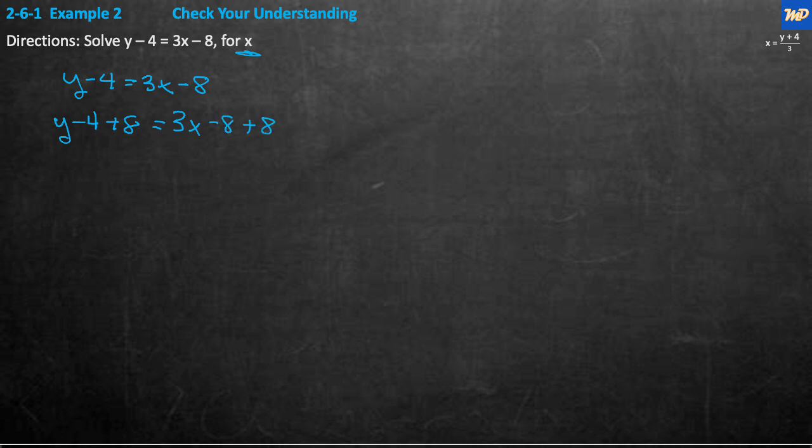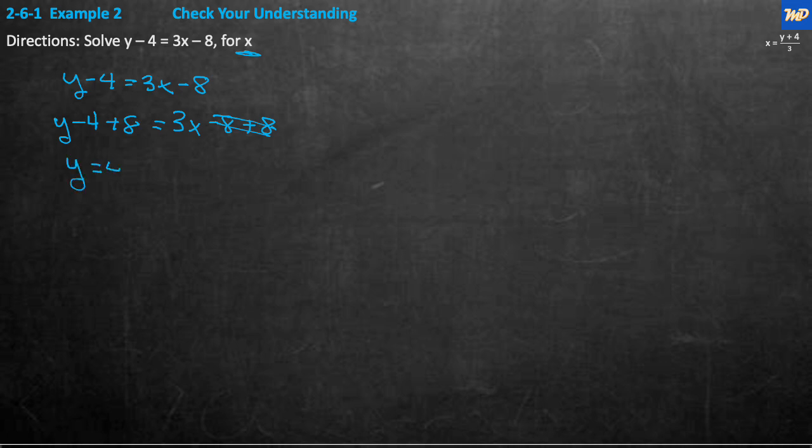In this case, we use the addition property of equality, adding a plus 8 to both sides. And when we did that, we're going to find out that these two 8s cancel, and the negative 4 and 8 is going to give us 4.